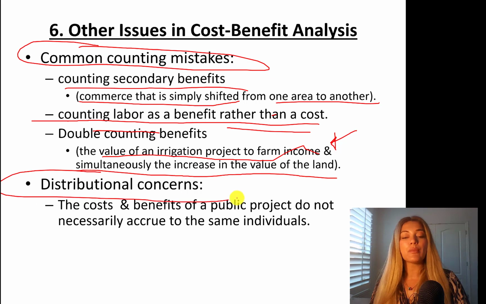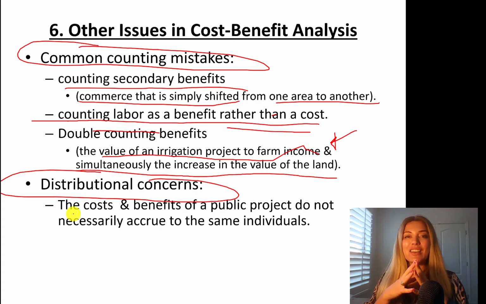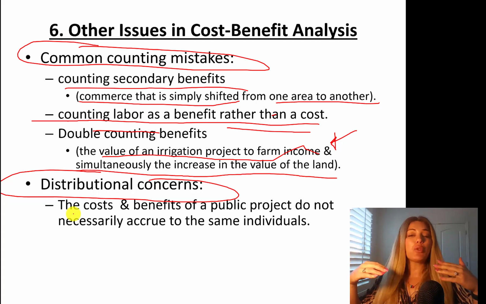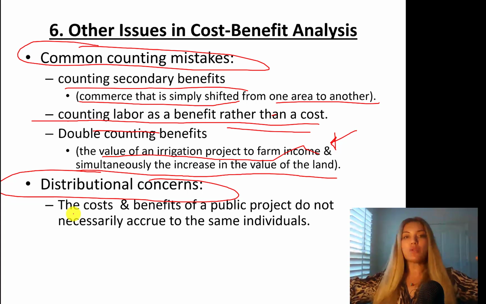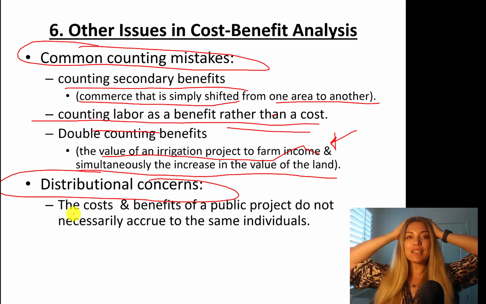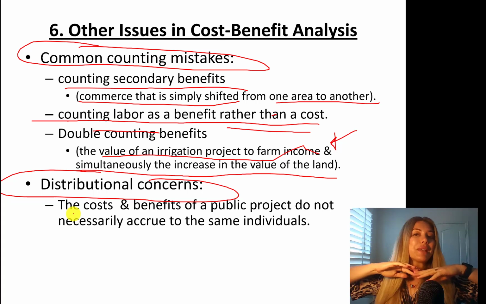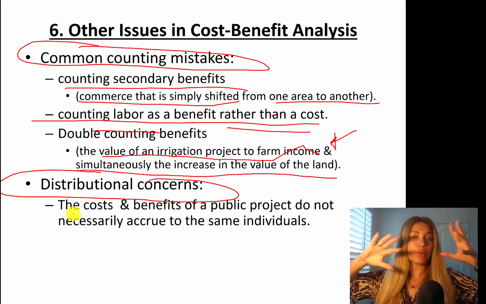Distributional concerns. So this is basically the costs and benefits of public projects do not necessarily accrue to the same individuals. For instance, in Seattle, they put the monorail, the rail system. So people who had condos with beautiful views are now being blocked by monorail passing in front of their buildings. So they will be accruing the cost of that project.